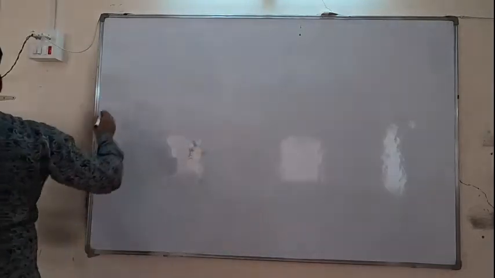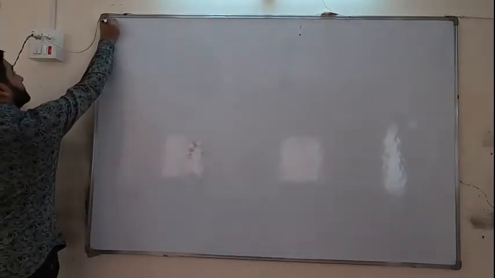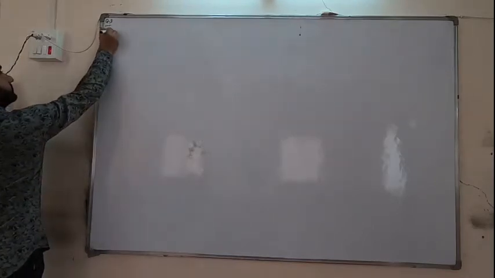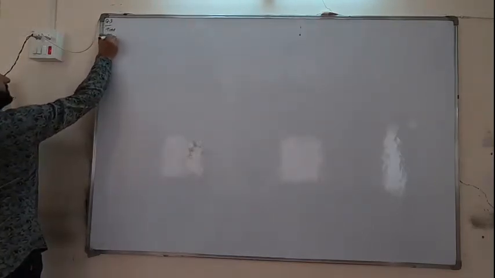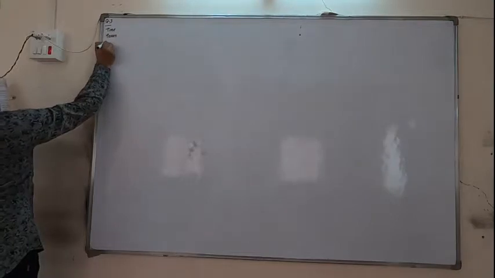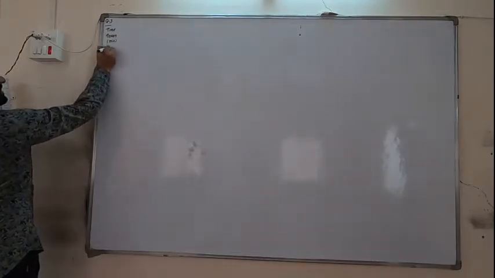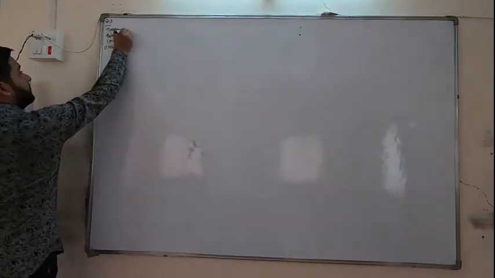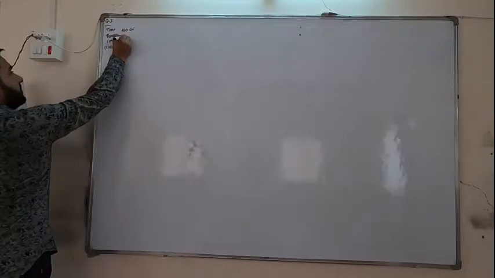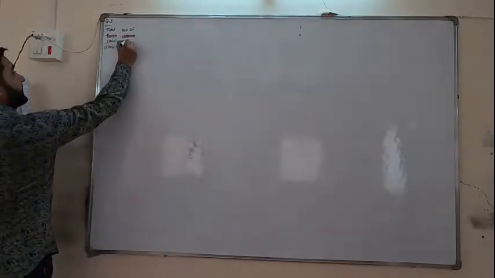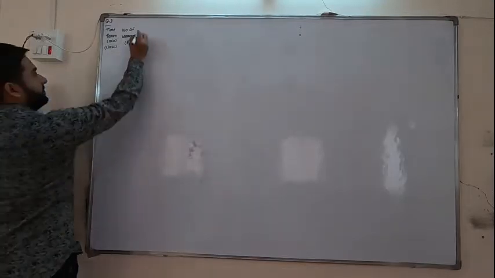Okay, let's start. Question number 3. Time taken, it is in minutes, that is class. Number of workers, that is frequency f.